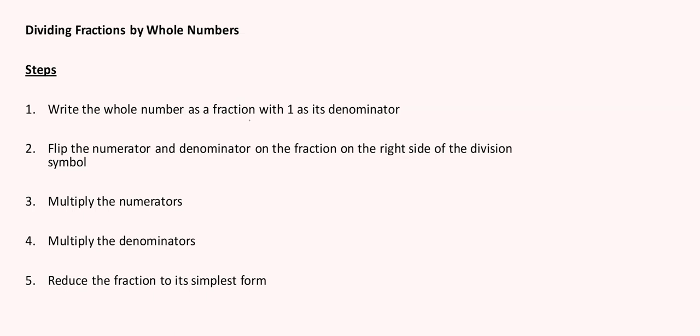The first thing we need to do is to write the whole number as a fraction with 1 as its denominator. This is definitely going to be an improper fraction. So what we're saying here is if I had 3 as my whole number, I'm going to now replace it with 3 over 1.